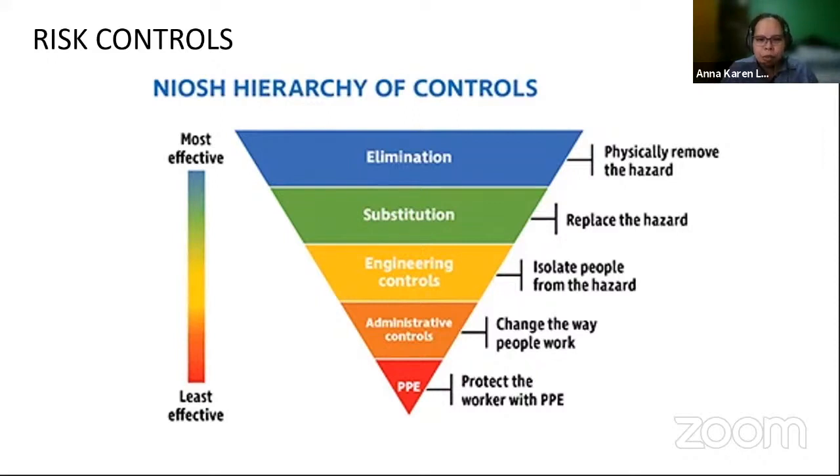So BSL-2, may basic requirement ka for biosafety cabinet as well as negative pressure ventilation. BSL-3, you have additional requirements further. If you have to go BSL-4, then mas rigid or mas strict yung mga requirements for BSL-4. And this is depending on the risk level of the agents that you are dealing with.